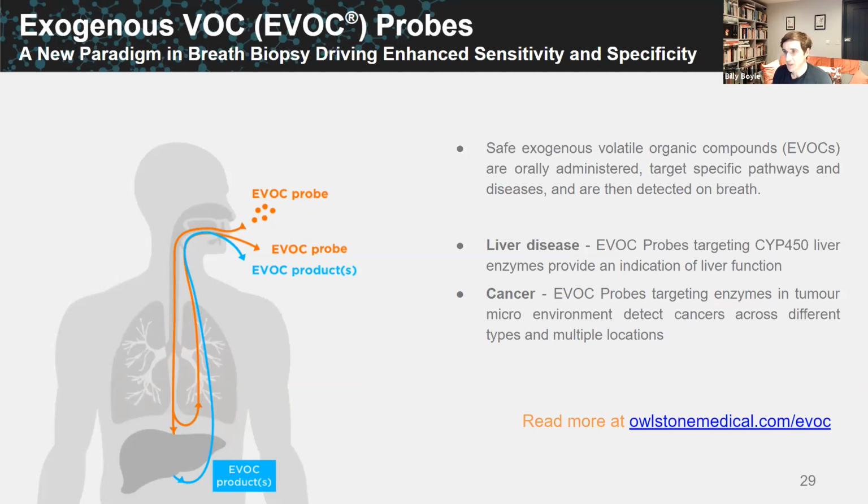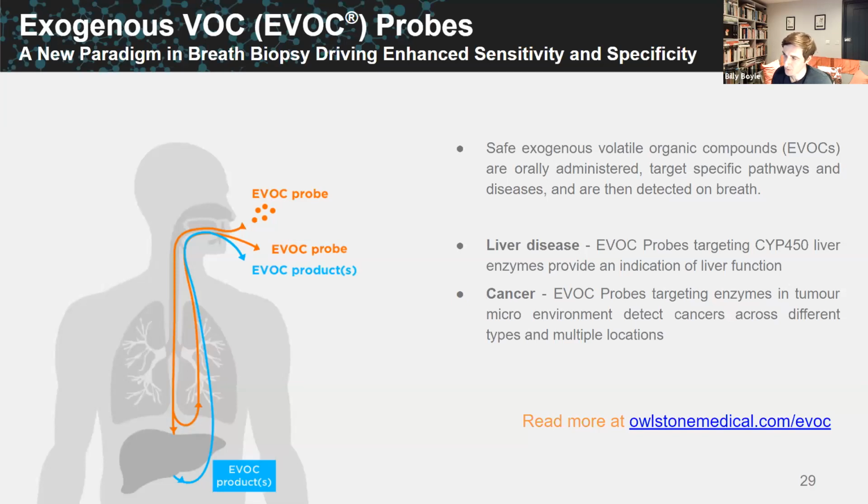And the basic principle here is that when you introduce a compound into the body, you can target different organs or pathways in the body. So for instance, you can introduce compounds that will be metabolized in the liver, and that means you can start to think about applications looking at liver disease, liver function.